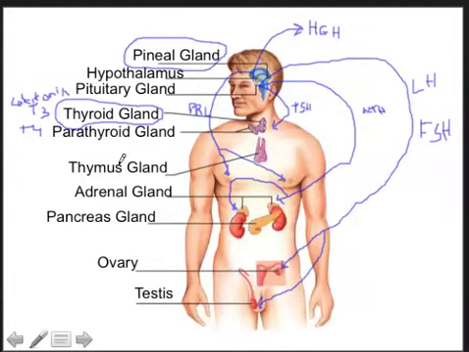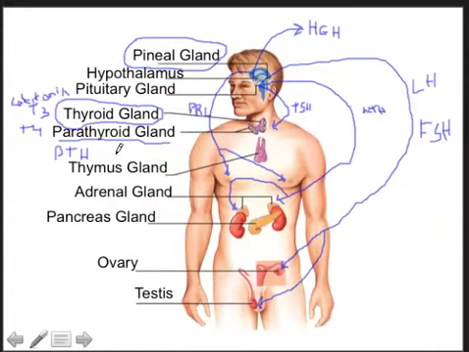The parathyroid gland is a set of glands on the back of the thyroid, and they produce a hormone called parathyroid hormone, or PTH. And what PTH does is it increases blood calcium levels by stealing calcium from the bone, increasing calcium retention by the kidneys, and increasing calcium absorption from the digestive tract.